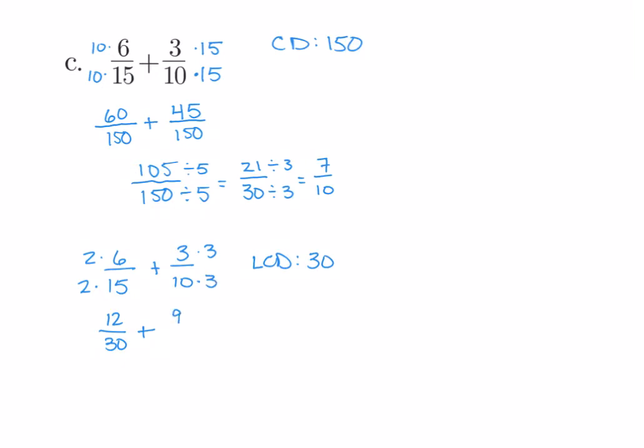We get 9 over 30. And if we add these, we get 21 over 30. Again, I can divide both by 3. And we get 7 over 10.